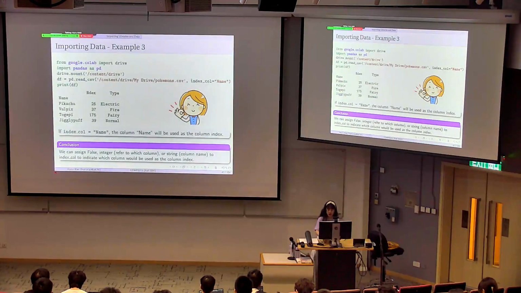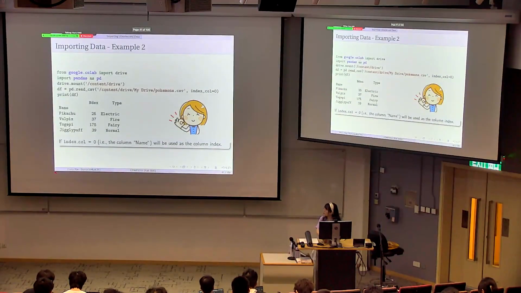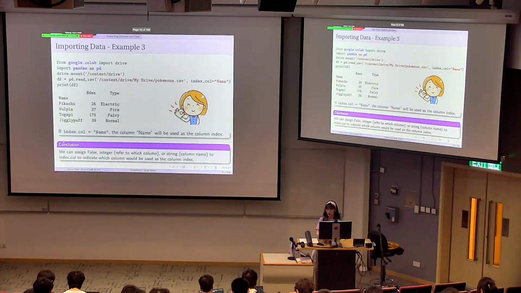We can directly let index column be name. After that, it will extract the column called name, find the first column here, which is called name, and use this column as the index column. So as you can see, it's the same effect as this one, because column 0 is just the column name, and it will be used as the index column.